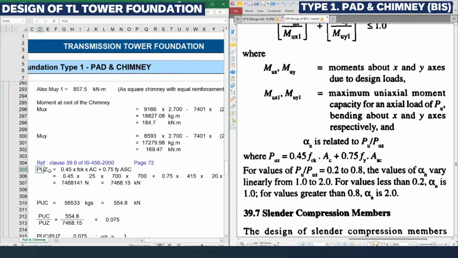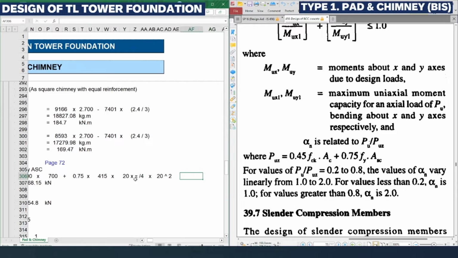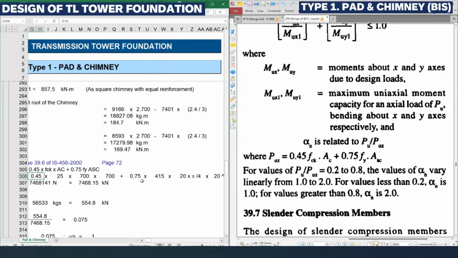You can see in the left hand side Excel sheet, Puz is calculated based on this equation: 0.45 fck, where fck is 25 megapascal, and Ac is 700 by 700, the size of the chimney, plus 0.75 into 415, the yield strength of steel, and Asc is calculated by d square by 4 for the circular diameter of the reinforcement rod provided.